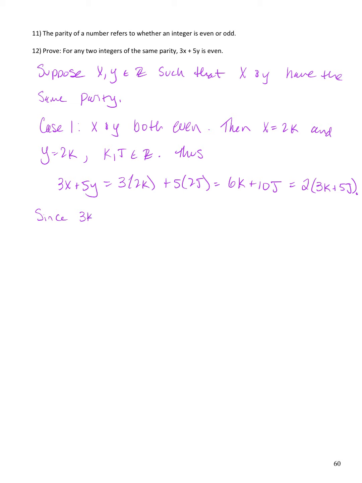Since 3k plus 5j is an integer, 3x plus 5y is even. So we proved it for the first case where x and y are both even. So they do have the same parity. They're both even. But there's another case where they have the same parity where they're both odd.